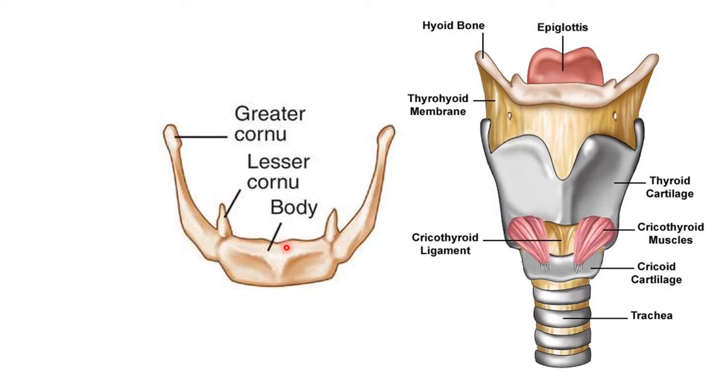It is separated from the epiglottis by the thyrohyoid membrane, which is attached to the upper border of the hyoid bone.